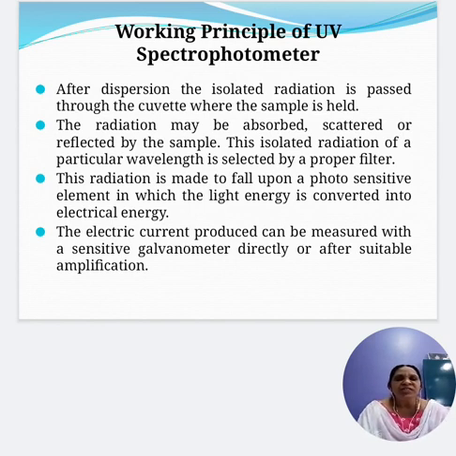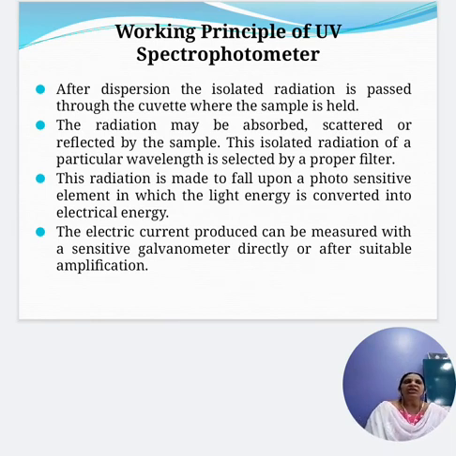The electric current produced can be measured with a sensitive galvanometer directly, or after suitable amplification it can be sent to the readout device.